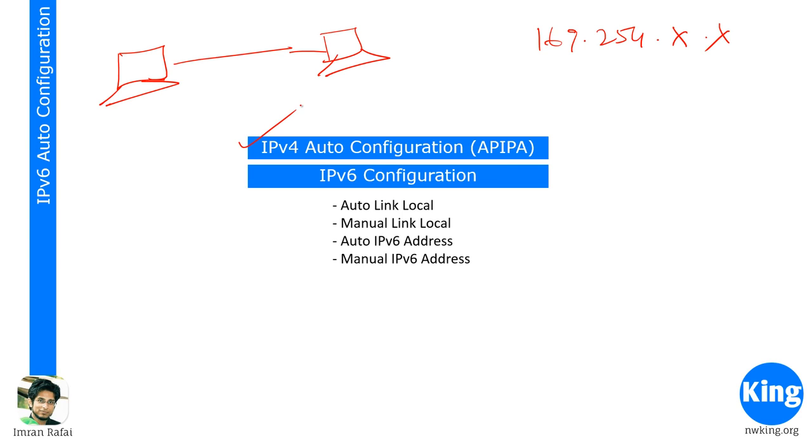Now IP version 6 also has auto configuration. One thing, the main difference, I don't know if I said this in the last video, is that IPv4 and IPv6 have one critical difference.